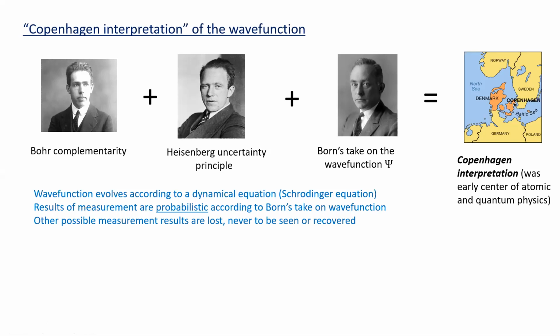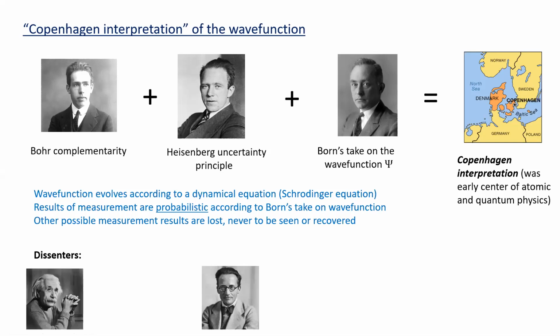And it turns out that there were some dissenters here. You recognize this guy. This is Albert Einstein. And this, you might not recognize, is Schrödinger of the Schrödinger equation, who we'll be looking at quite soon. And Einstein didn't like what Heisenberg and Born and Bohr were saying and the Copenhagen interpretation.